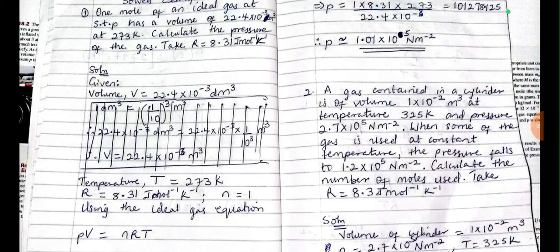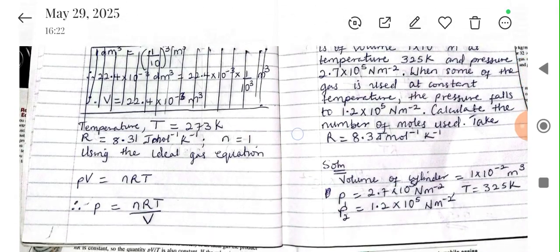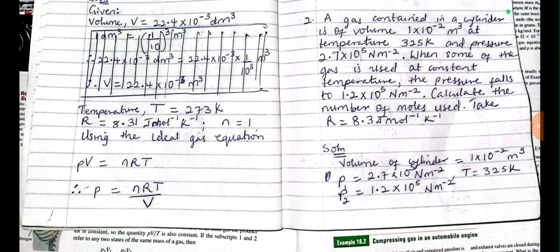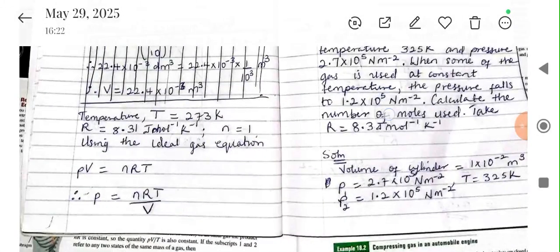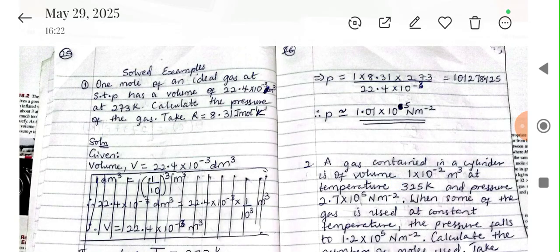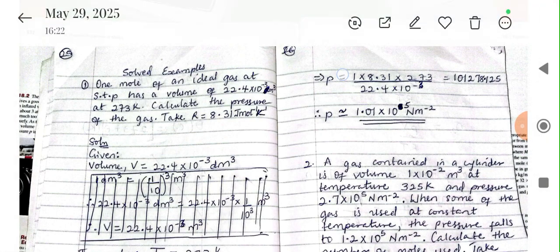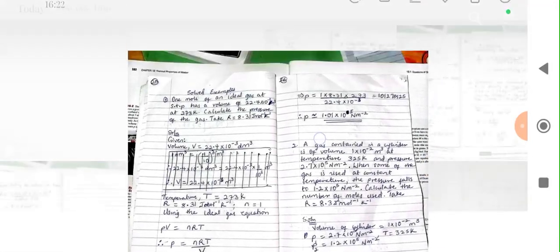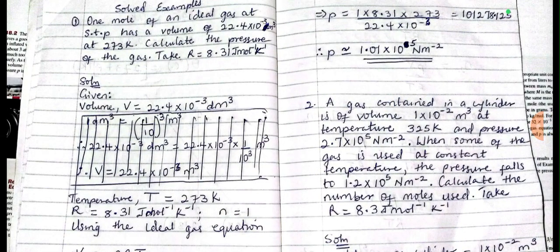This is the same question, I just copied it down here. So you use the formula PV equals nRT. N is 1 because you are told that it is 1 mole of gas. We are asked to calculate the pressure at standard temperature.